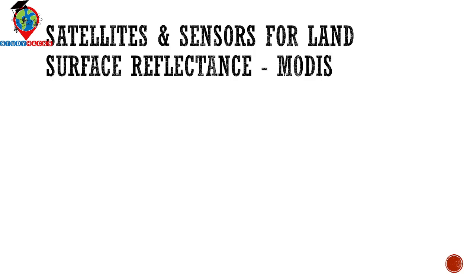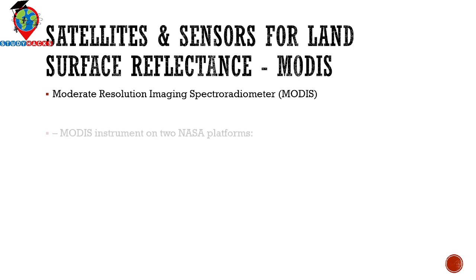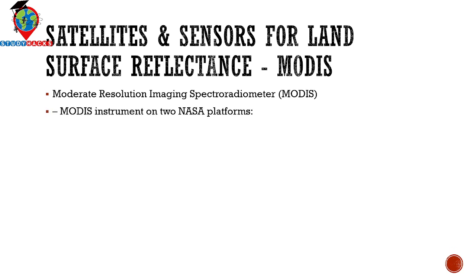Now we talk about the satellites and sensors for land surface reflectance, starting with MODIS. MODIS is on the Terra satellite, and the full form of MODIS is the Moderate Resolution Imaging Spectroradiometer. The MODIS instrument is on two NASA platforms. One is Terra, available from 1999 to the present time.